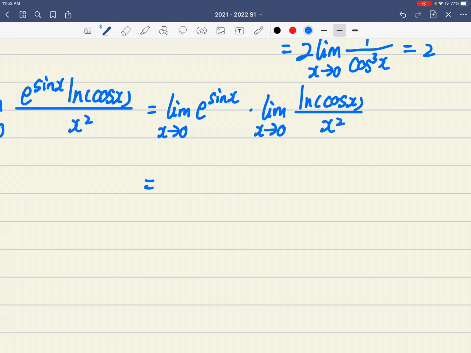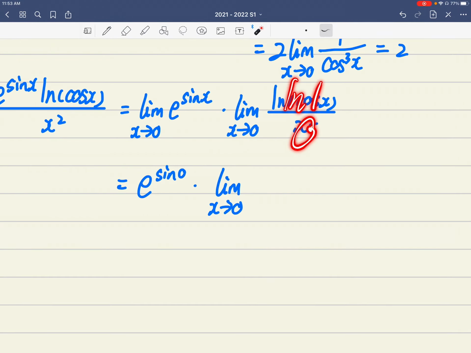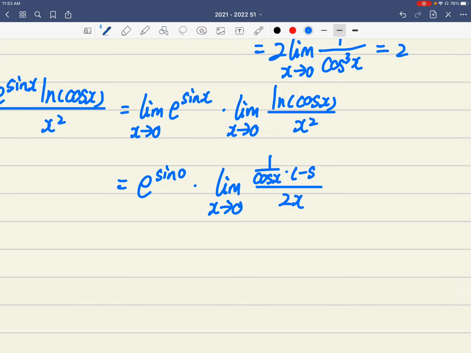All right, so the first part is just e to the power of sine 0. And the second part, when you do the substitution, the bottom is 0, the top is ln 1, which is 0, so it's 0 over 0. So you can differentiate both sides. Differentiate the bottom, it's 2x. Differentiate the top, it's chain rule: 1 over cosine x times cosine x derivative, which is negative sine x.